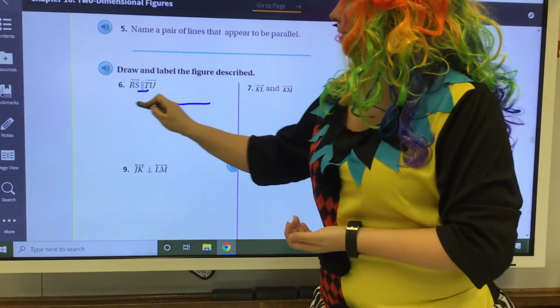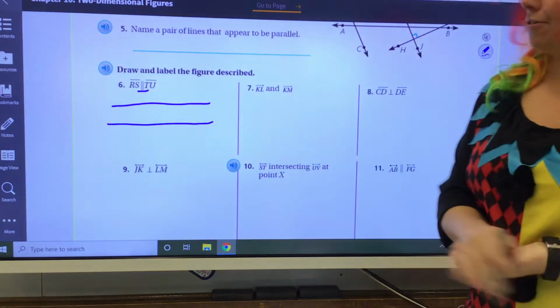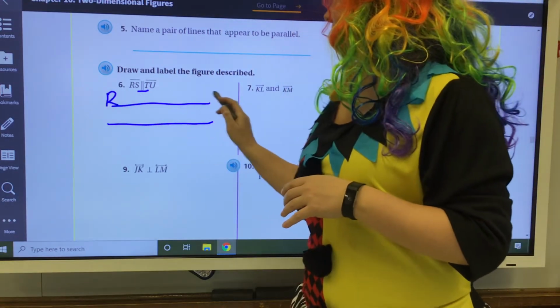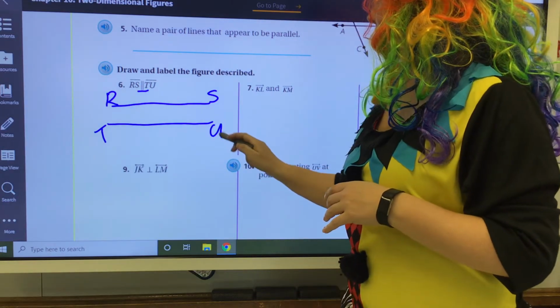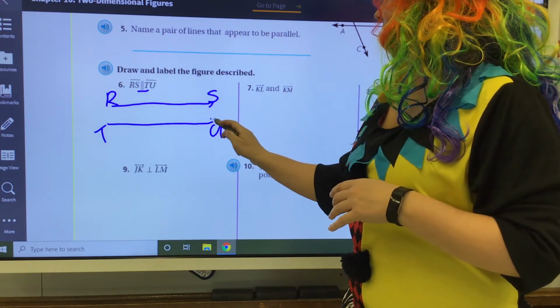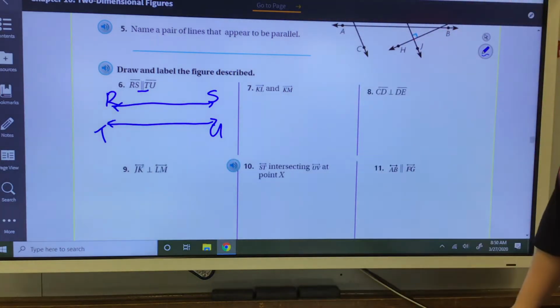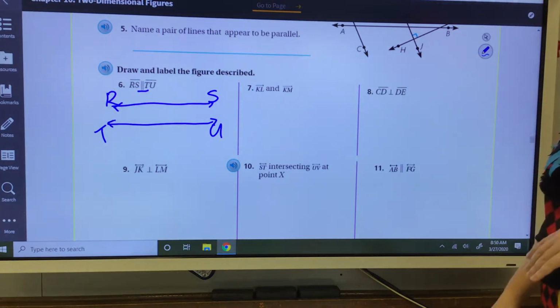Well, if we know parallel lines run straight across from each other, and you can make them go up and down, you can make them go left to right, but you do need to label them and add little arrows at the end. The little arrows signify that that line can continue forever and they'll never cross.